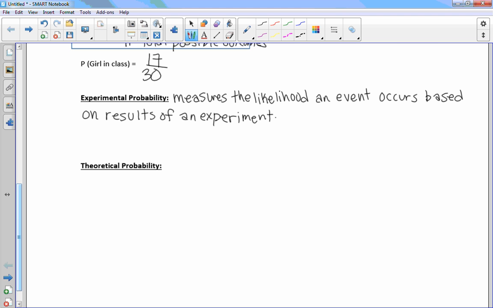Okay? What we've just been saying is theoretical probability. Theoretical probability describes the likelihood of an event based on mathematical reasoning.